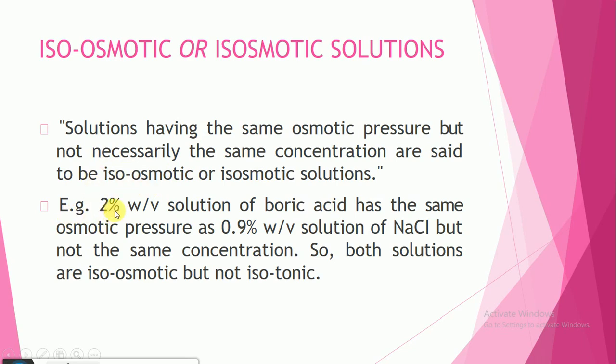For example, if we have a 2% weight by volume solution of boric acid, it has the same osmotic pressure as a 0.9% weight by volume solution of NaCl, but not the same concentration. So both solutions are iso-osmotic but not isotonic. They have the same osmotic pressure but they are not isotonic.